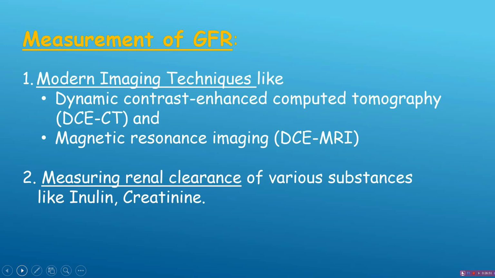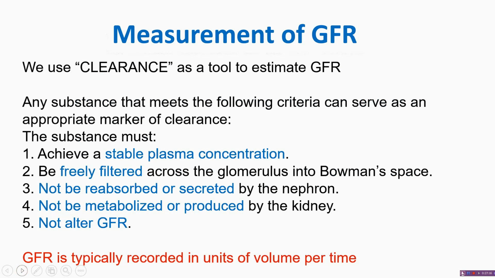Now, how is the GFR or glomerular filtration rate measured? We measure clearance of substances like inulin and creatinine. But some modern imaging techniques like dynamic contrast enhanced computed tomography or MRI are also used nowadays.